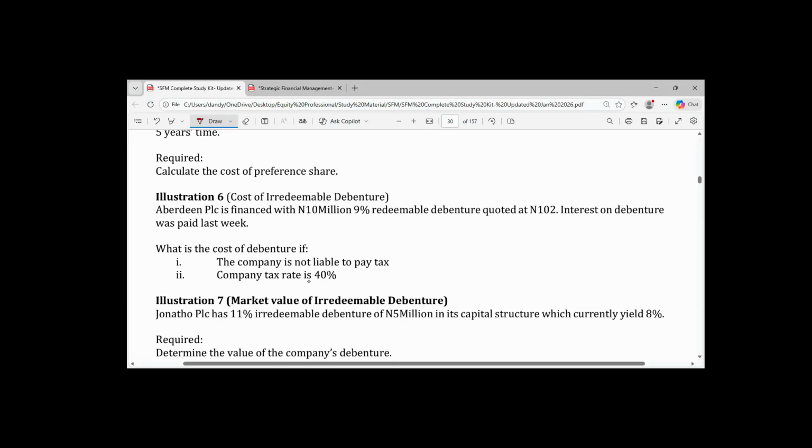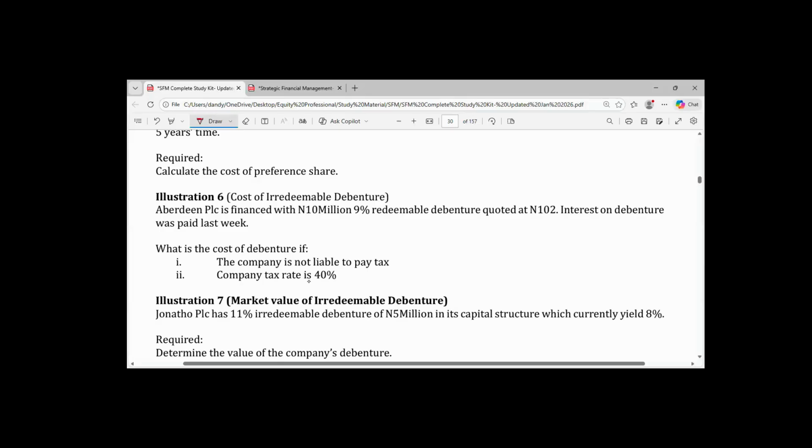And the cost of irredeemable debt is the ratio of fixed interest to ex-interest price, depending on whether or not there is tax. And I provided you with two different formulas that you can use to estimate cost of irredeemable debt.